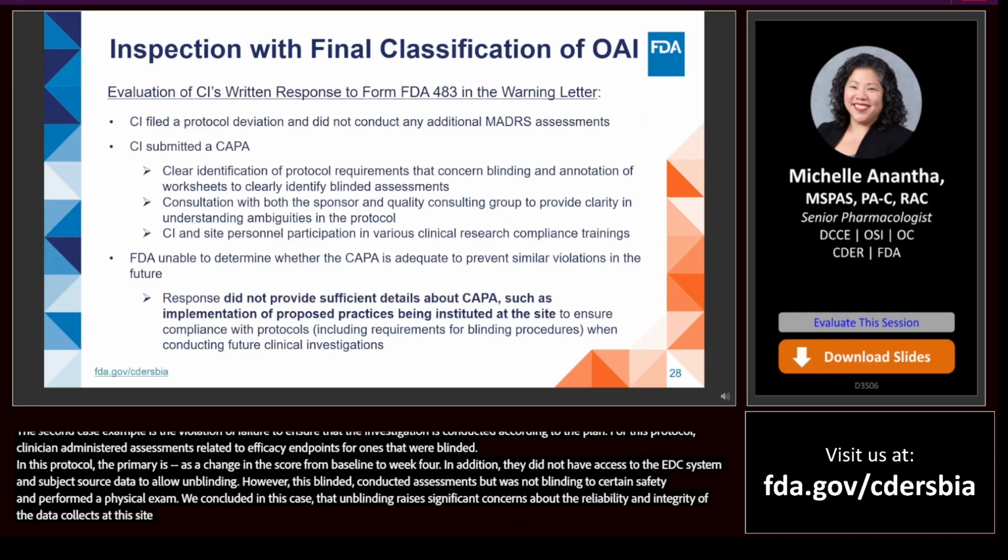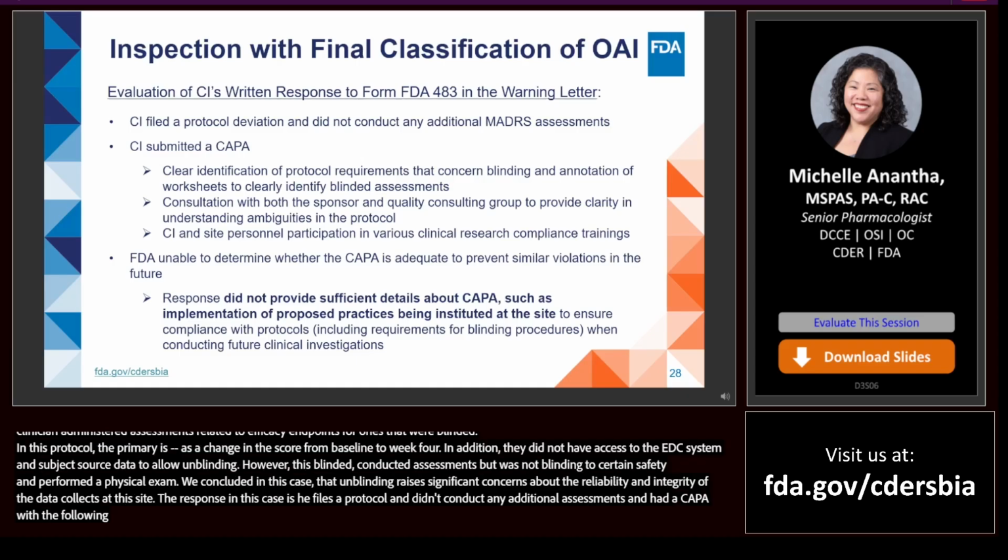CI's response in this case was that he filed a protocol deviation and didn't conduct any additional MATER's assessments. He also submitted a CAPA with the following elements: identification of requirements that concern blinding, an annotation of worksheets that clearly identified blinded assessments.